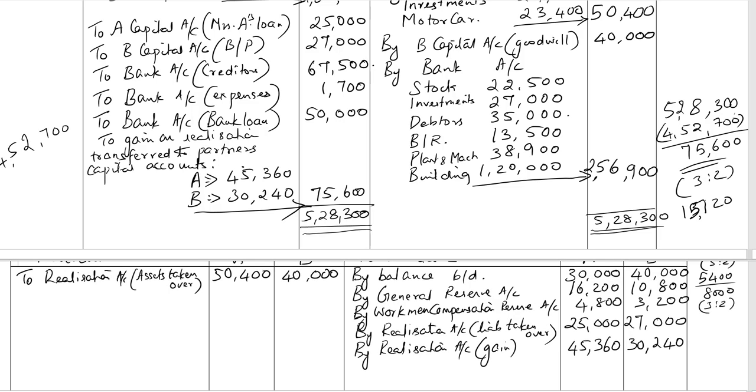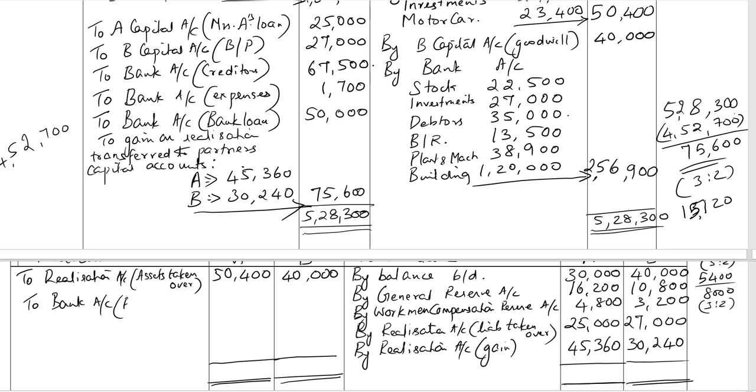So the items are done. We will get the amount of the final settlement. To bank account for the balancing figure, final settlement.